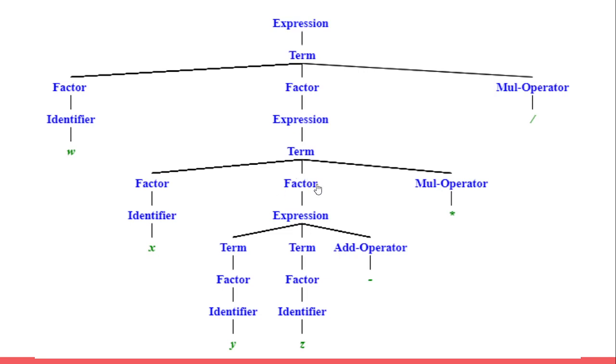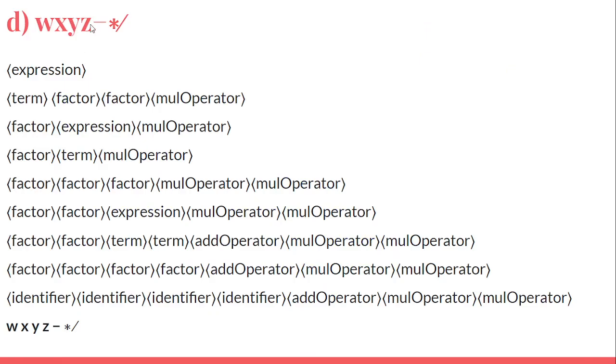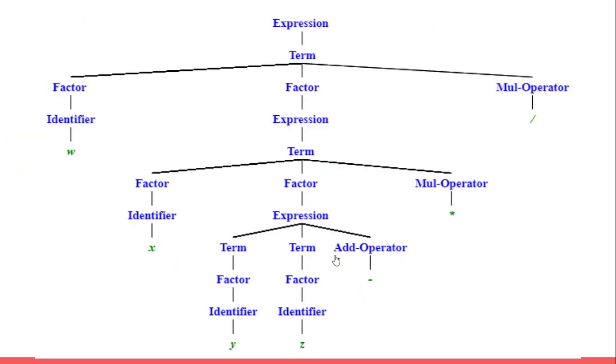Then the second factor will be replaced again with expression, as we require y and z also. Expression will be replaced with term add operator by applying rule number 1. Then again, we require y and z, so term will be replaced with factor, then identifier, and identifier will be replaced with y accordingly.